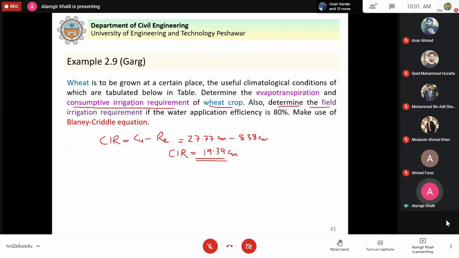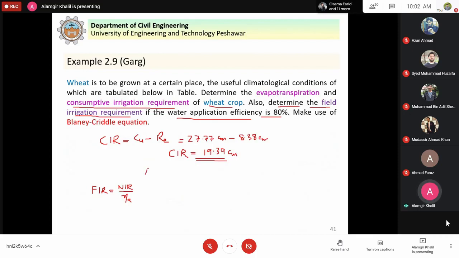Also determine the field irrigation requirement. The field irrigation requirement, that we just defined, is equal to net irrigation requirement divided by eta A, where eta A is the water application efficiency, given as 80%. Now we have calculated the consumptive irrigation requirement, but here we need the net irrigation requirement.